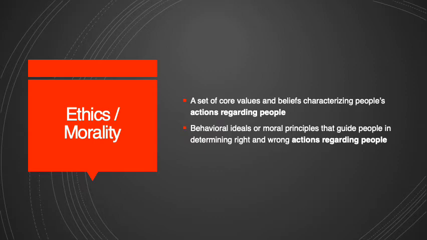What distinguishes ethics and morality from other sorts of values is that it characterizes people's actions with regard to other people. When we're talking about logical values, we're talking about the value of pieces of reasoning or claims that are made or arguments.